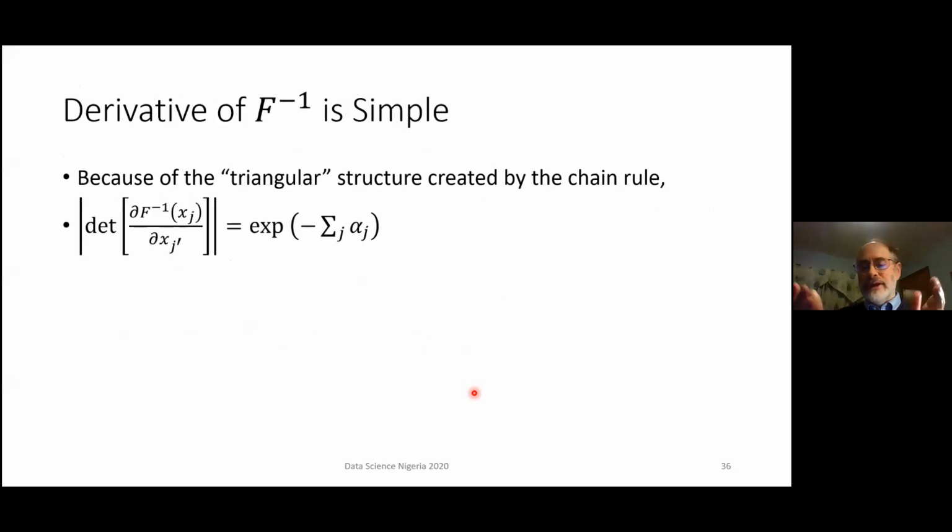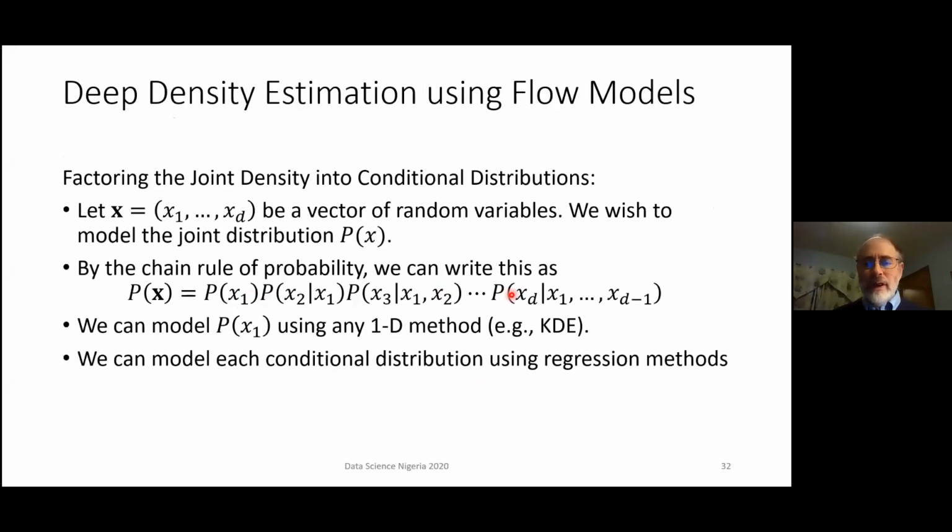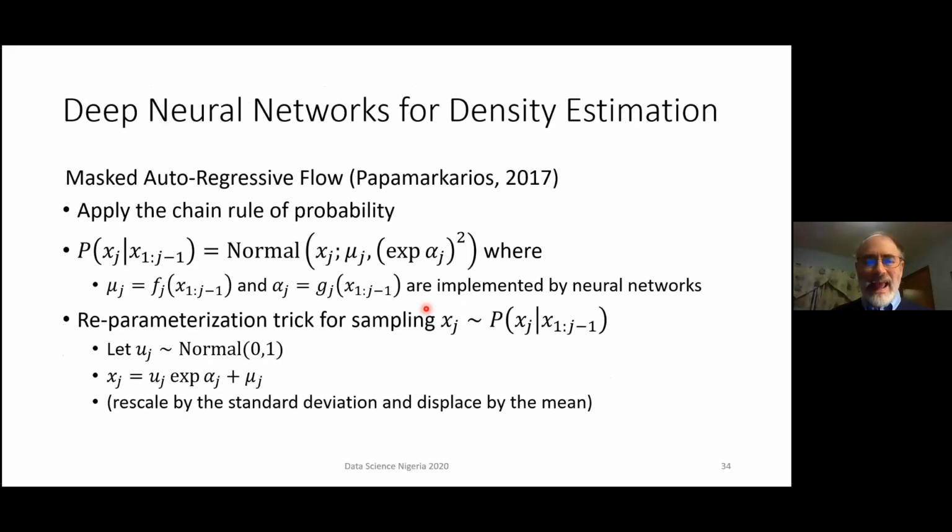So it turns out that in masked autoregressive flow, we're going to exploit this triangular structure. We're creating a sort of triangular dependency. The dth value depends on all of the previous variables, and each variable only depends on the variables that have indexes lower than it. I think of it as a triangle in the space.